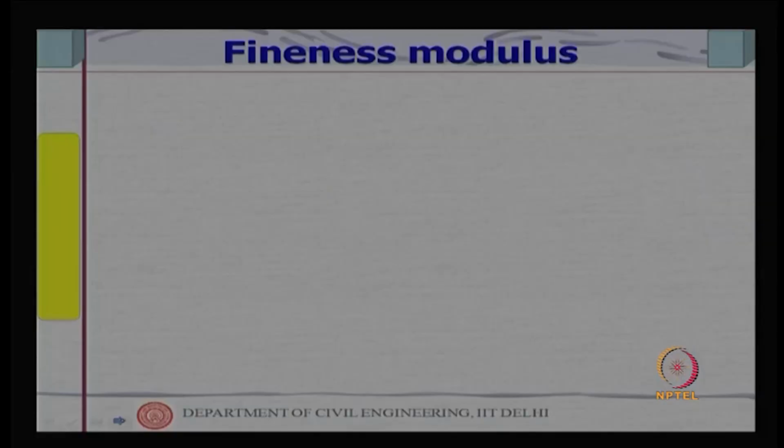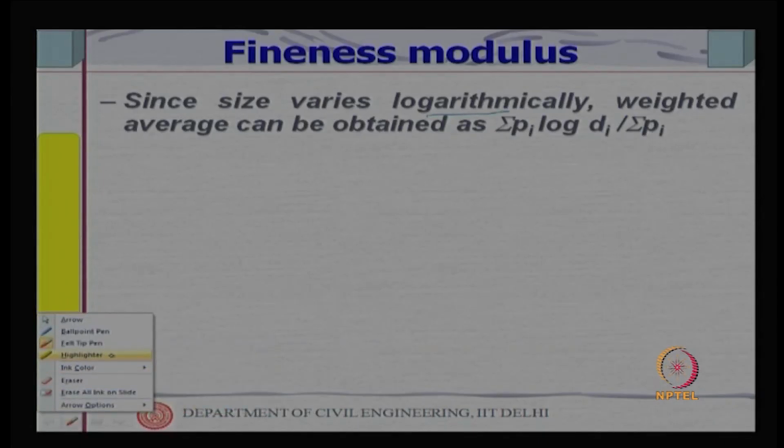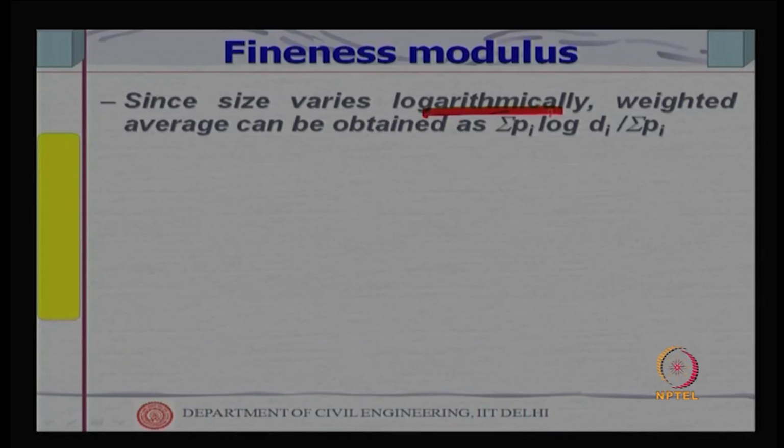So, fineness modulus. Since size varies logarithmically, a weighted average can be obtained as pi log d of size.